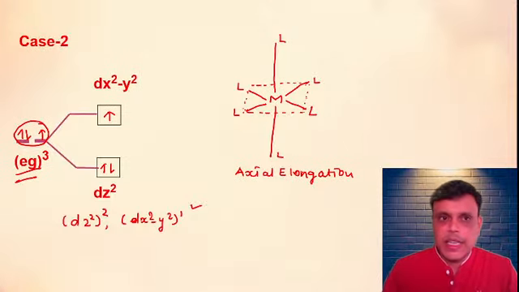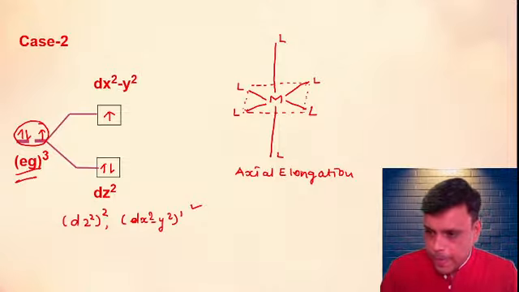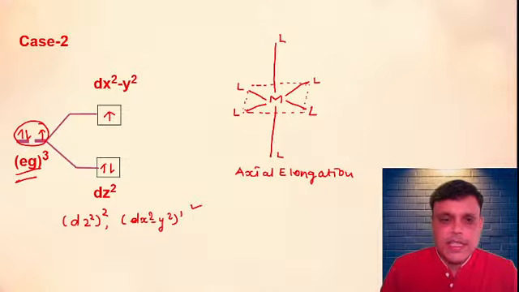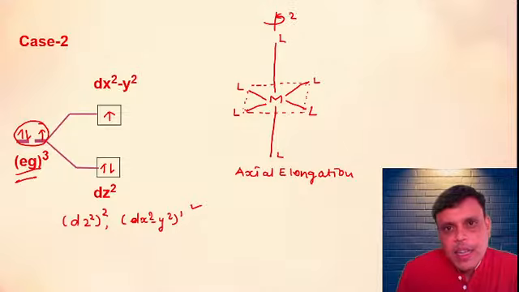When axial elongation takes place, when dz square has more electrons. dz square में इलेक्ट्रॉन्स क्या है? ज्यादा है. तो ये z एक्सिस है, आप लोगों को पता है, मैंने बोल दिया था. इधर, ये z एक्सिस है.